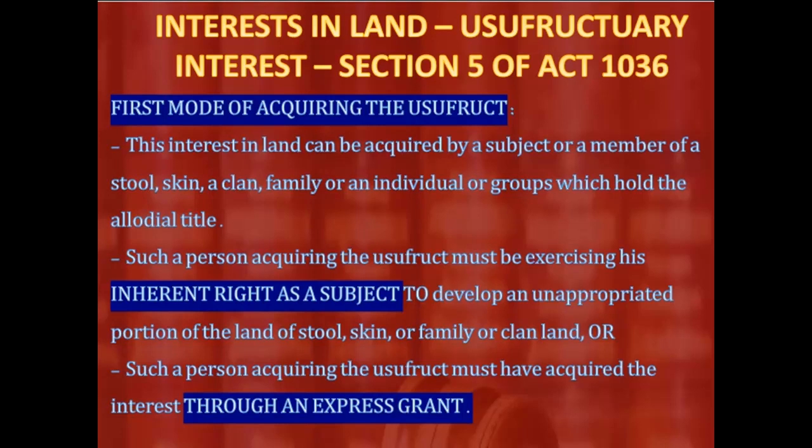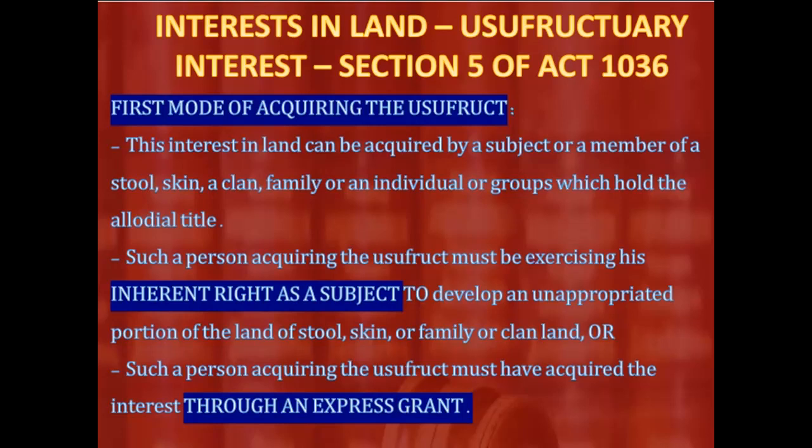So either the subject can acquire it by exercising his inherent right just to go to any undeveloped or uncultivated portion and cultivate it, or the subject can acquire it by an express grant from the stool that holds an allodial title.